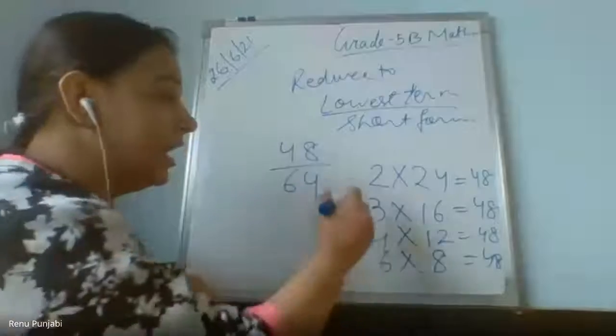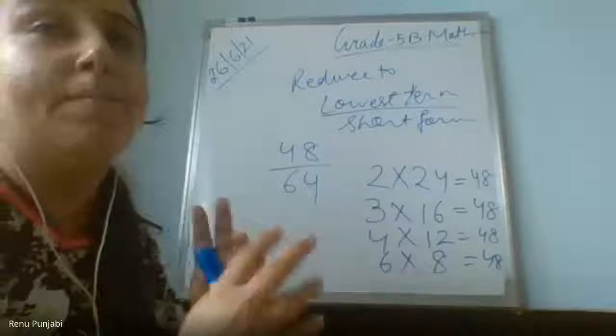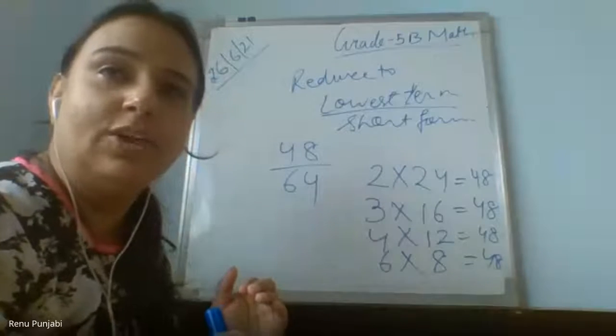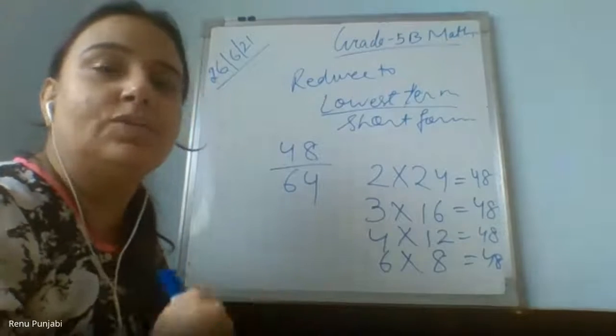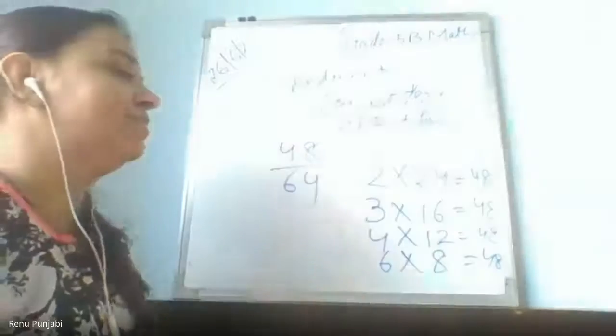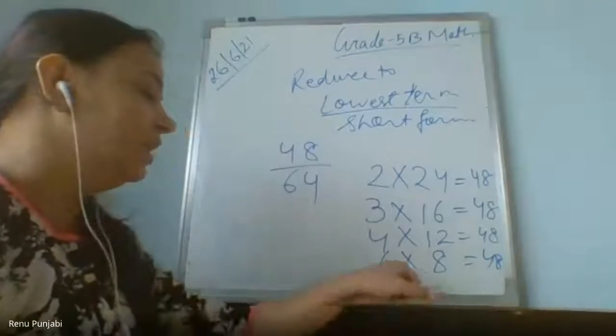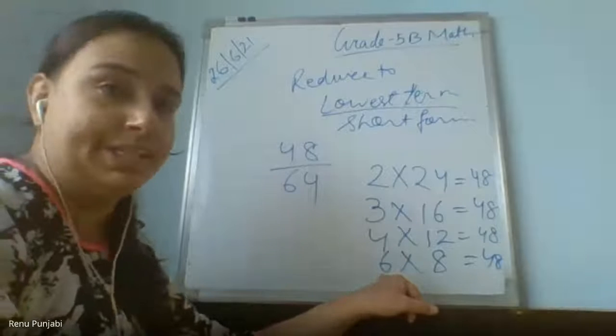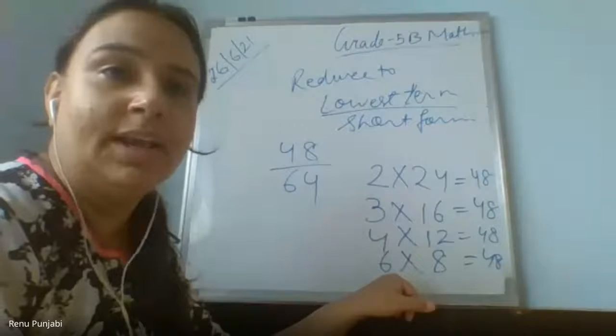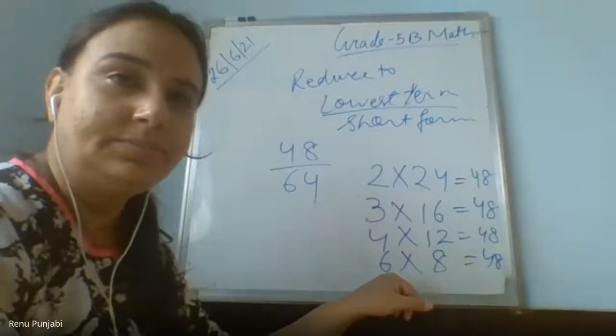See, children, till how many numbers do we check like this? Can you guess? Till how many numbers do we check whether the number is divisible or not? Till 10. But here, if you have noticed, you have done with 6. Then you said 7 won't work, right?